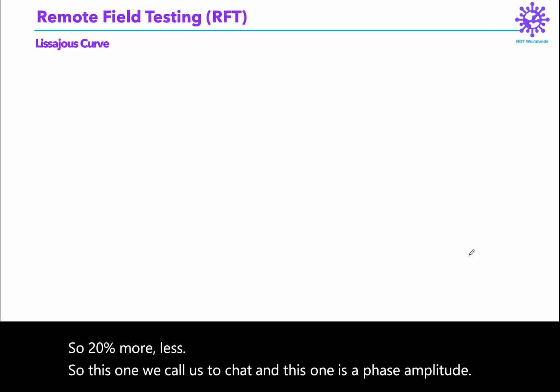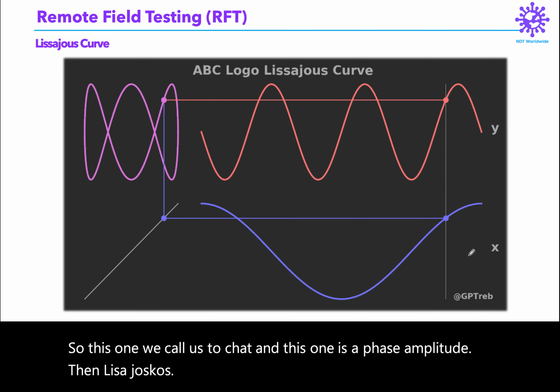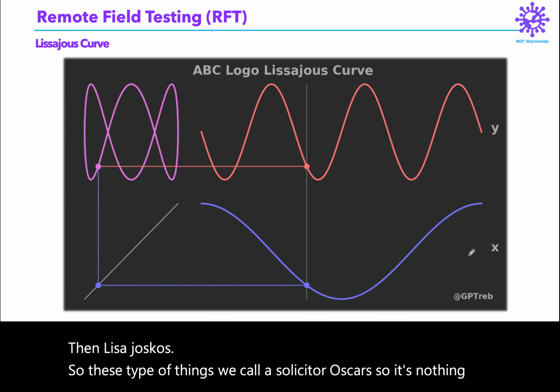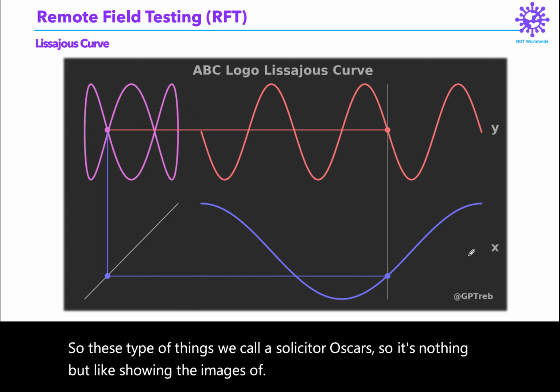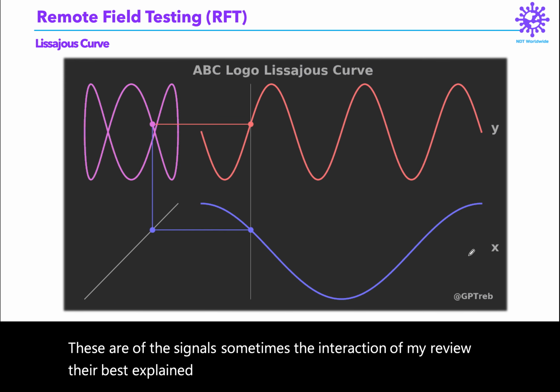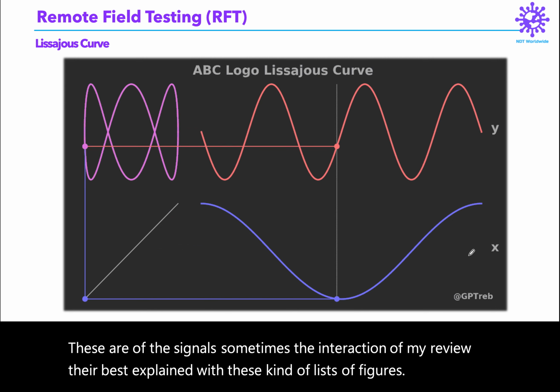Then Lissajous curves. These types of things we call Lissajous curves. It's nothing but showing the images of these RFT signals. Sometimes the interaction of the magnetic field is best explained with these kinds of Lissajous figures.